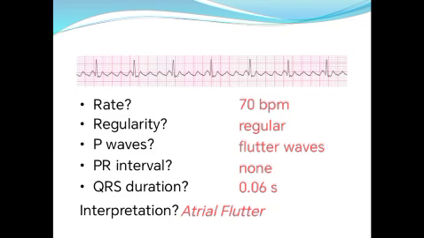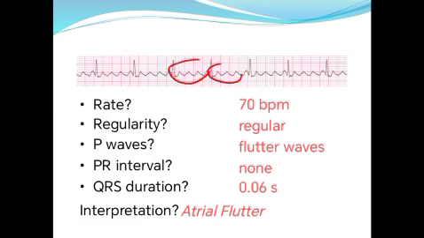This is an example of atrial flutter. Here, atrial flutter has a characteristic sawtooth appearance on the ECG. The impulse comes from the atria, and it gives the characteristic sawtooth shape.